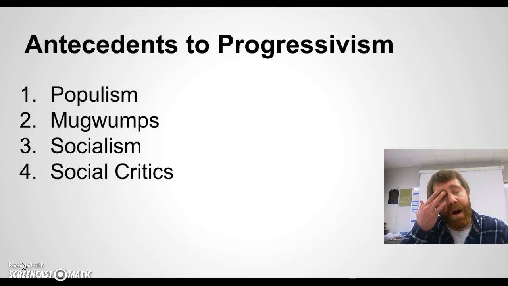Eugene Debs would run for president on the Socialist Party platform multiple times, gaining in 1920 over 1 million votes in jail, where he was arrested under the Espionage and Sedition Act for protesting or criticizing the draft.